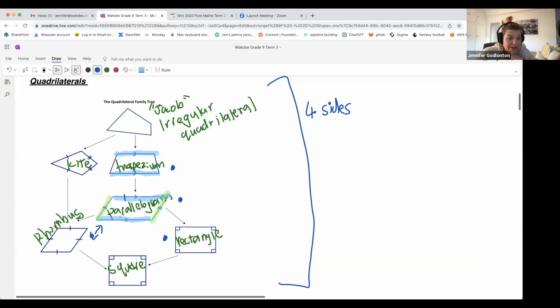So in a parallelogram, those two sides would be equal and these two sides would be equal, and we can say the same for a rhombus. Good. What else? Opposite sides are parallel. Beautiful. Same situation that we had in our parallelogram. This side is parallel to this one, and this side is parallel to this side. Cool.